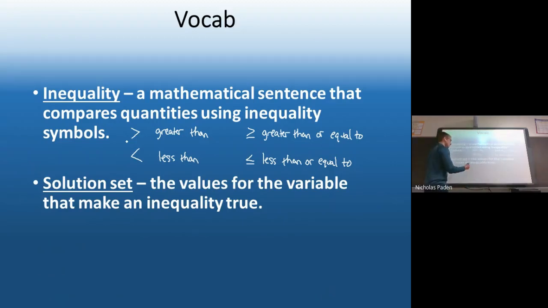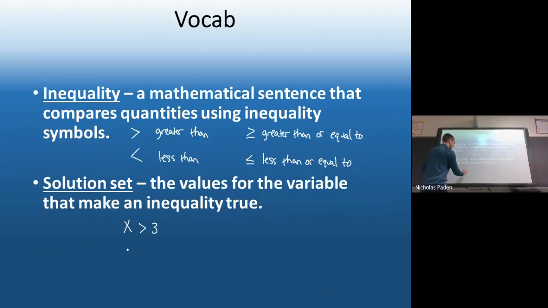So for example, we get a solution set, it would be something like x is greater than 3. Well, there are an infinite amount of numbers that could be greater than 3. 4, 5, 6, 4.5, 7.6, 8.3. Those are all numbers that are greater than 3. And so a solution set would be any number that is greater than 3.